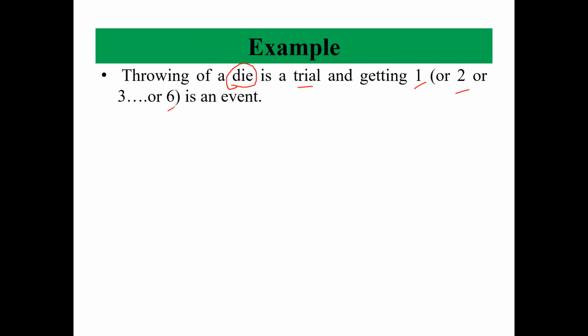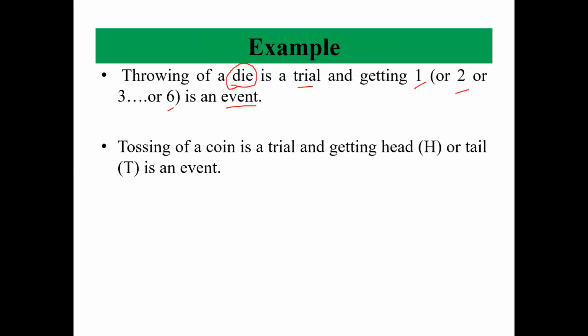Whatever outcomes we get are known as events. Another example is tossing a coin: that process is the trial, and getting a head or tail is the event. This is the basic meaning of trial and event.